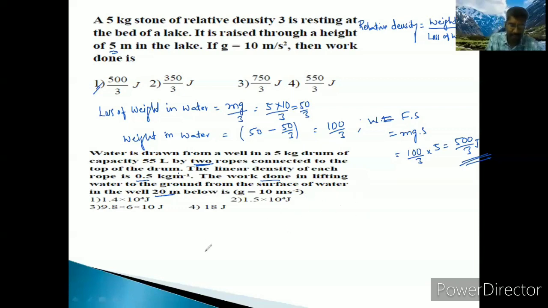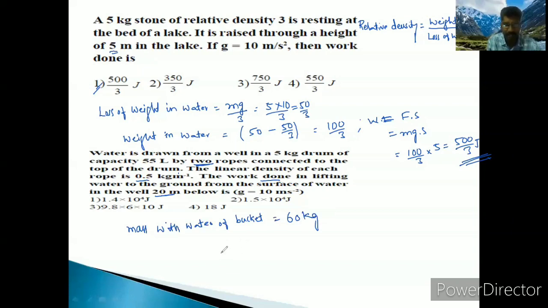Here, first, the mass of the bucket. So how can we write? Total mass of the bucket with water, 60 kg we can write.